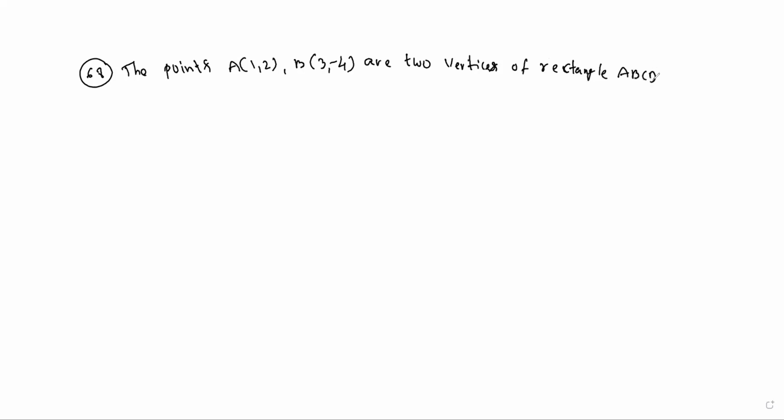The question is: the points capital A (1, 2) and capital B (3, minus 4) are 2 vertices of rectangle ABCD, and the point P lies on CD produced, and then we need to find the C point. Okay, options wise we'll take later.